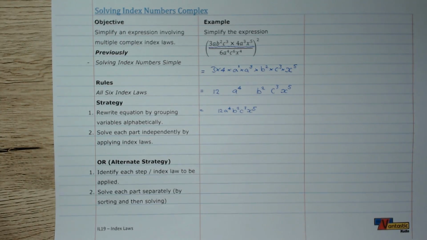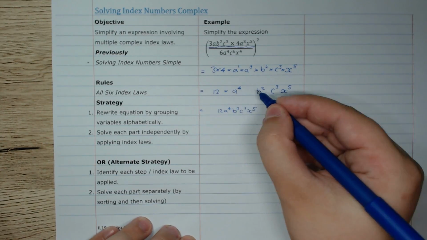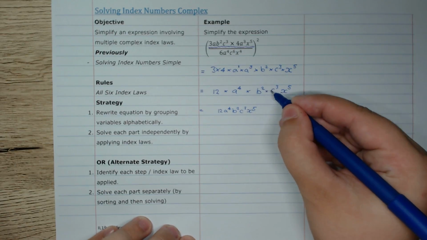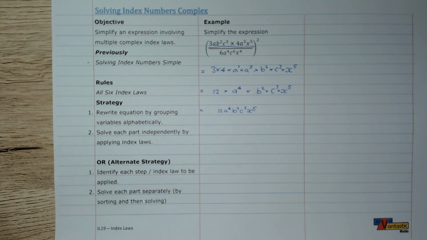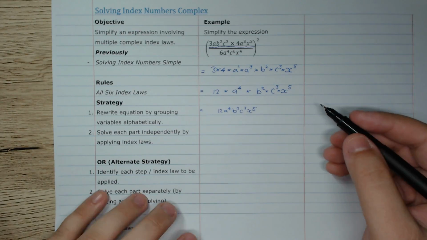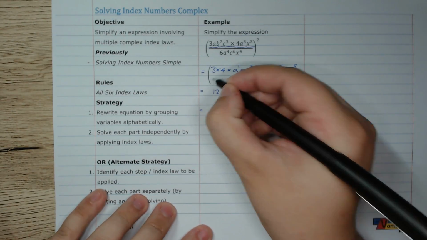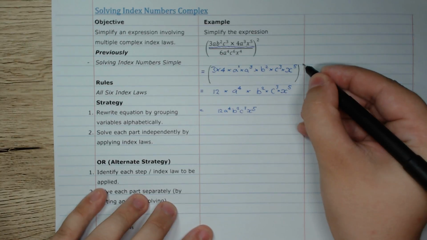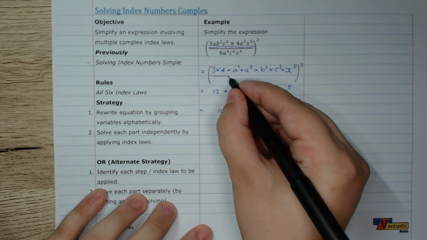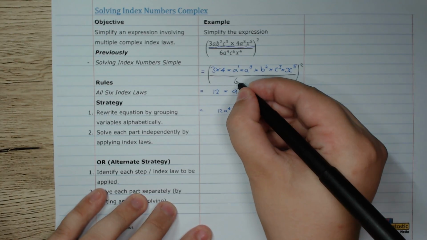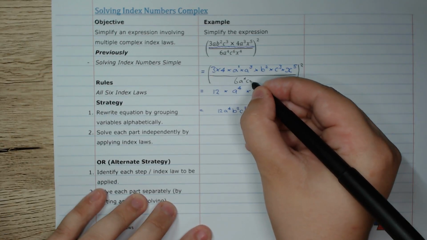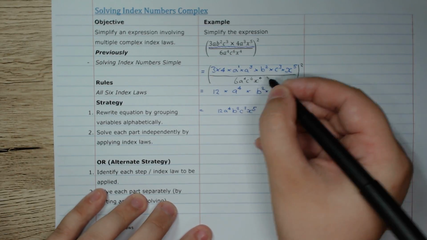Alright, so we ignored all the other stuff going on. Now we're going to have to bring it back. So I'm going to have to do a bit of writing here, because I do want to show all of my working. And I'll put this in black. So in black is all of the stuff that we didn't touch. So we're just going to copy that straight from the question. 6a^4c^6x^4.